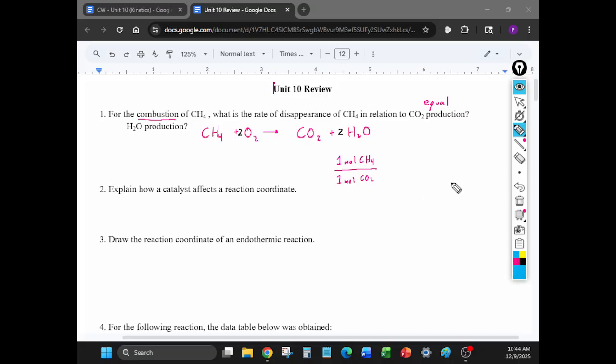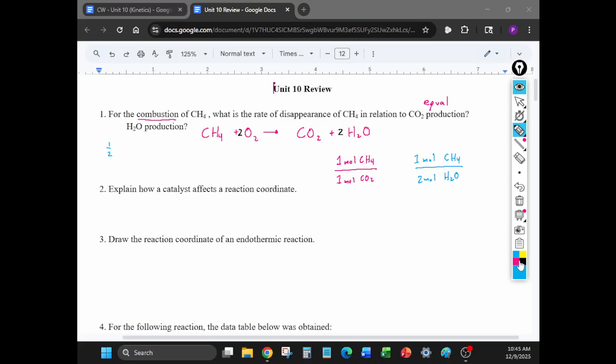All right. Now for H2O, it's a little bit different because the coefficients are different, right? So we still got 1 mole of CH4, but what do we have? What's the coefficient for H2O? 2. So it'll be 2 moles of H2O. So the rate of disappearance in relation to H2O production will be 1/2. Okay.